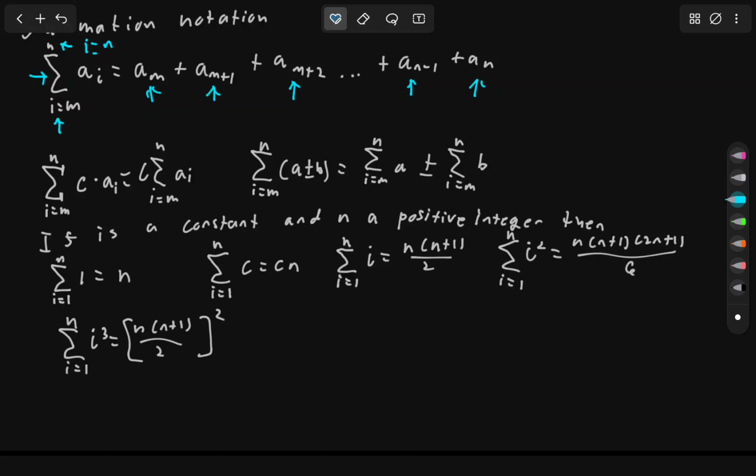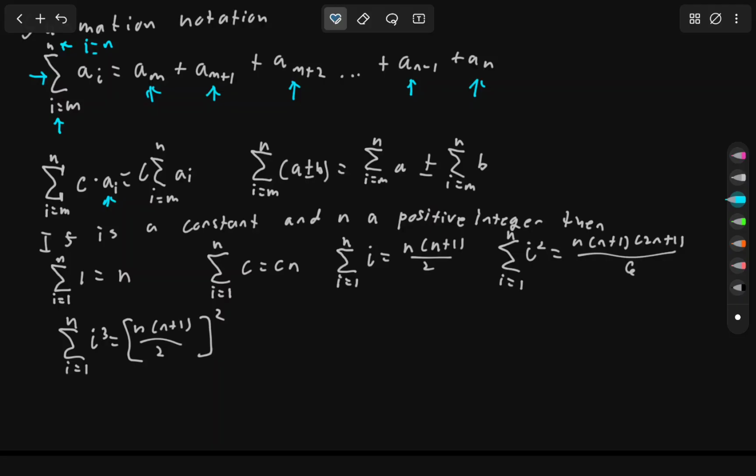Alright, well, we now need to know just a few very useful sums, or rules rather. So if we have a constant times a, the sum of a constant times a is going to be the constant times the sum of a.